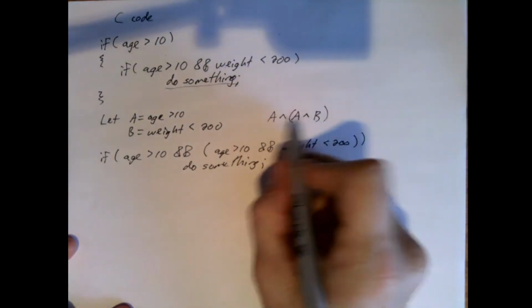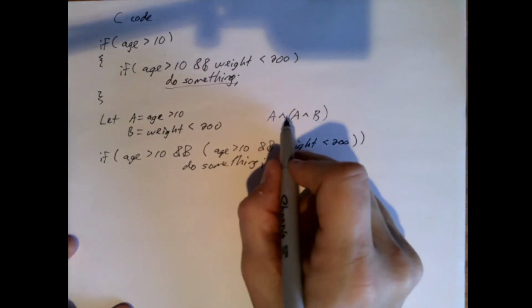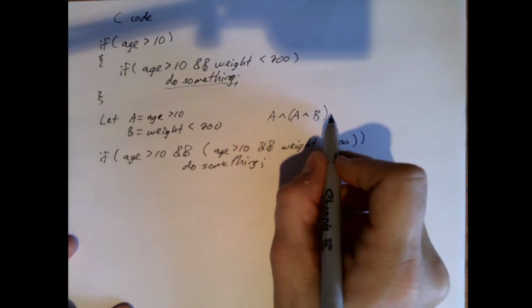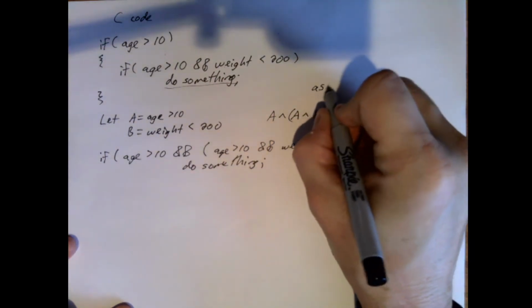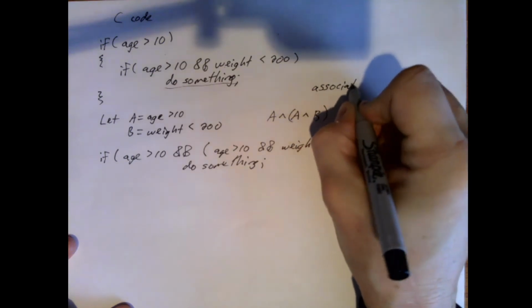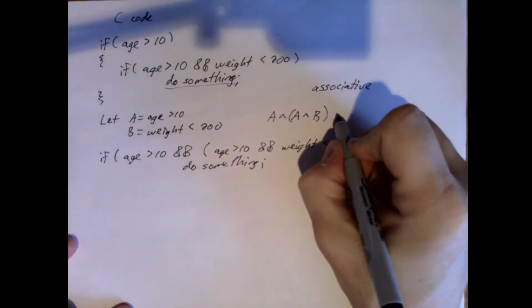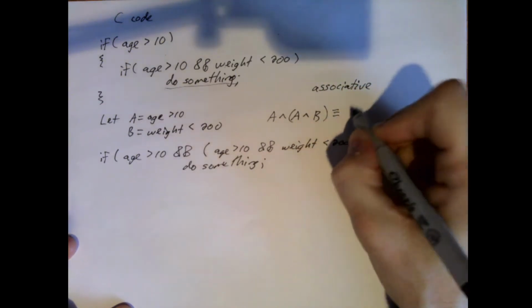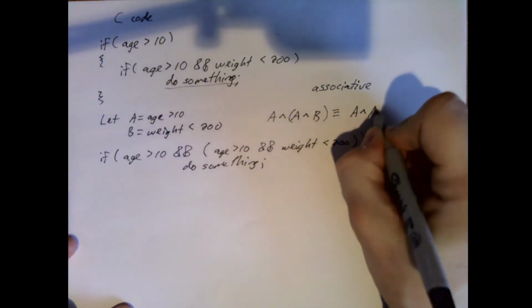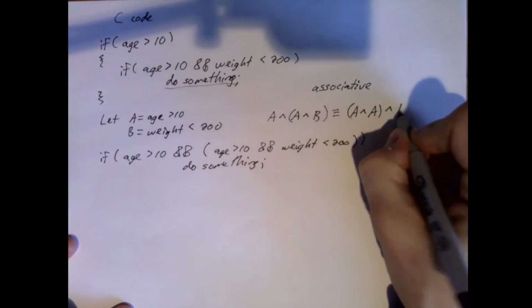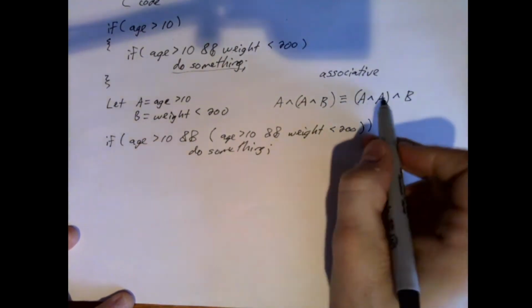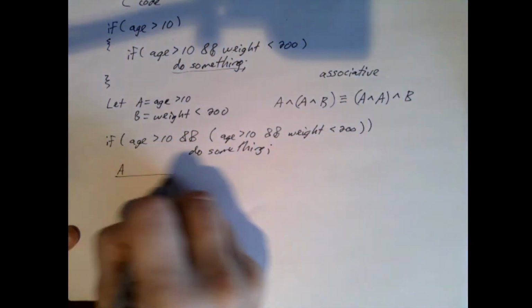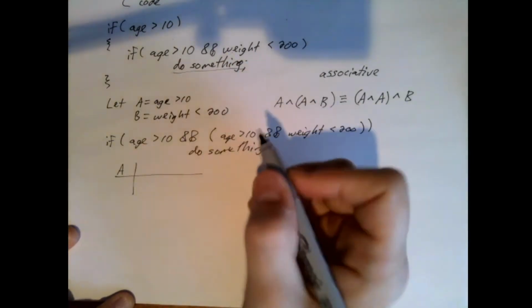Now we have this right here, but I have A and B, so I can use the associative property to rewrite this, so those are equivalent, as A and A and B. So what's A and A? Let's have a truth table. And we really don't use truth tables for this, really.